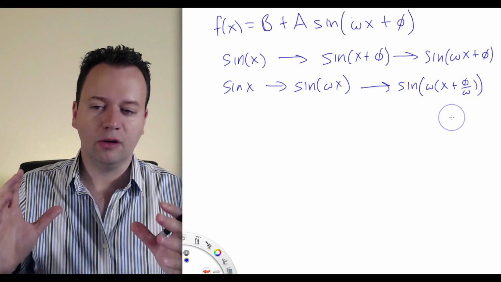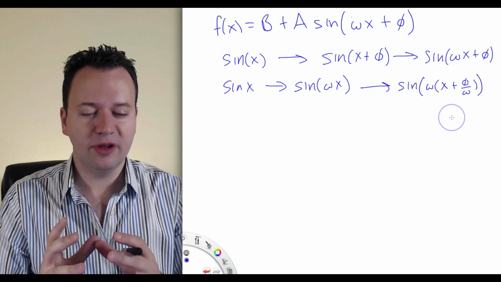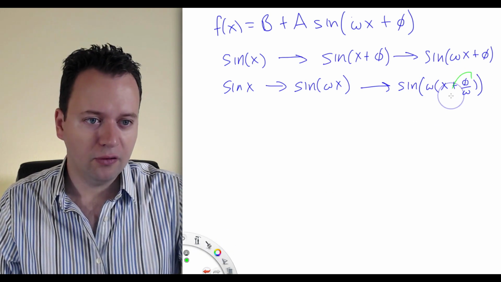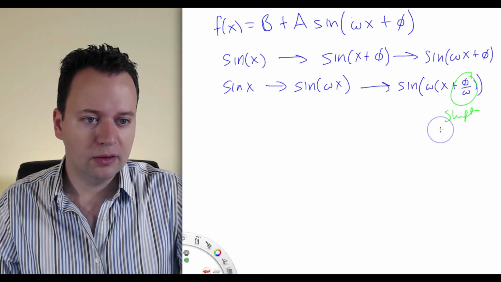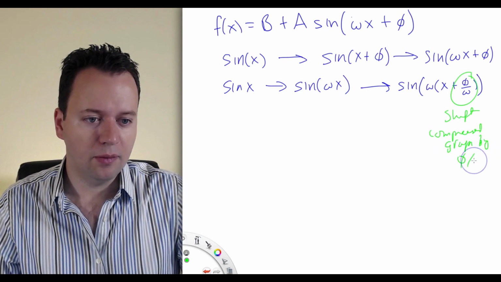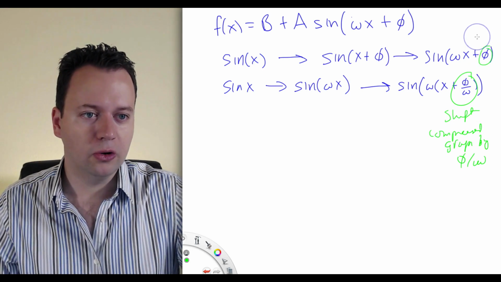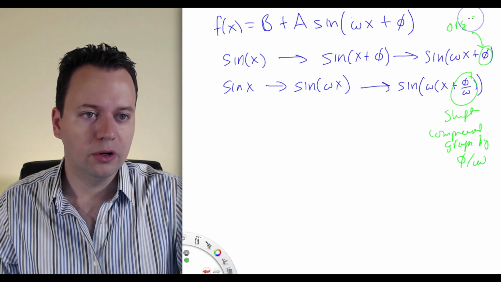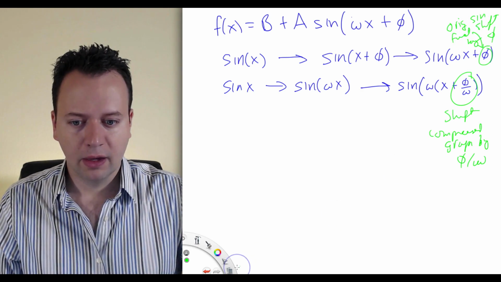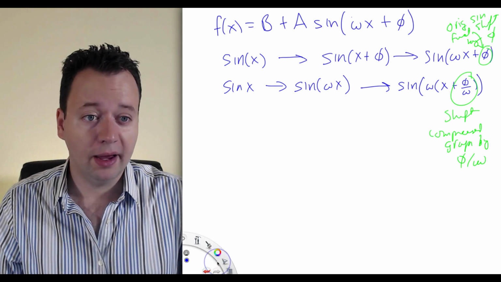If you think of the compressed graph first, you're going to be shifting the compressed graph by phi over omega, whereas the original sine function is shifted by phi. So that's the difference between the phi over omega and the phi.